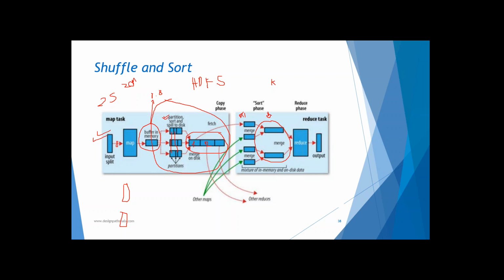Actually, one more thing: once the data is locally partitioned, sorted, and spilled on the disk, once everything is done for as many reducers as required for the job, after that does it get copied to HDFS? No, it's not copied to HDFS. It's transferred over the network to the reducer node, the data node which is running the reducer.